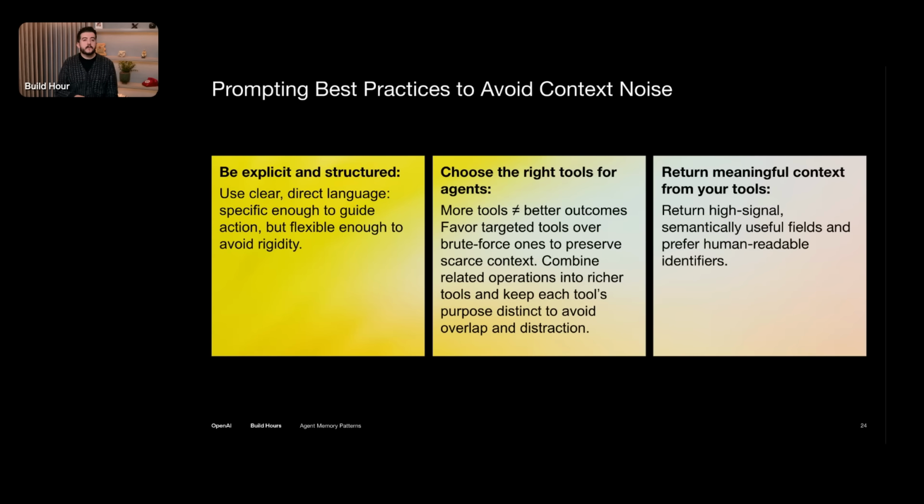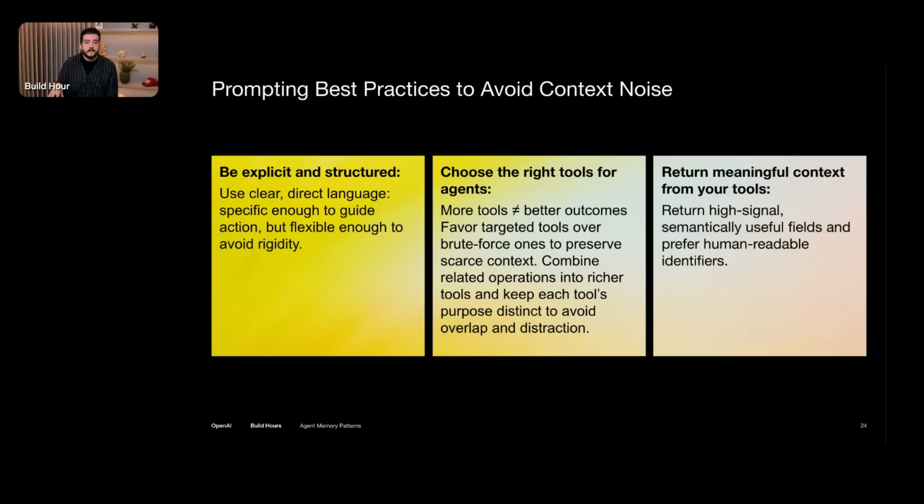So for context noise, we talked about many tool definitions and many tools attached to the context as an example situation. Again, you should be explicit and structured in your prompts. More tools isn't always equal to better outcomes.